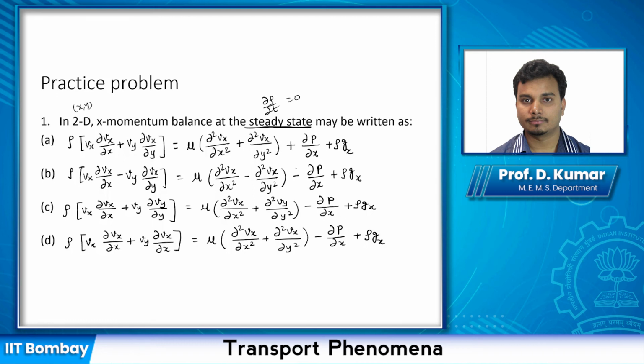I want you to go through the options so that you get familiarized with the equation. So it's just written in a different format. One thing to look at is you have signs different, and another thing to look at is whether it should be Vx Vy or whether it should be Vx Vx, similarly on this side. Based on the discussion, you should be able to answer this. Maybe you can pause for a minute and then do.